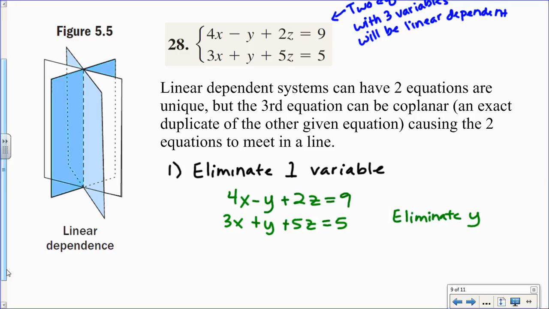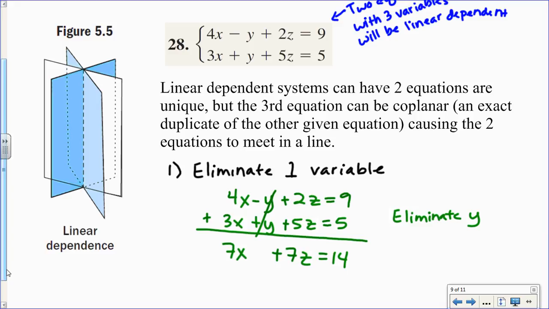I'm going to try to give you general instructions here in black, and then as we go through this specific example over here, eliminate y. Then that gives me 7x plus 7z equals 14. That y can be eliminated?